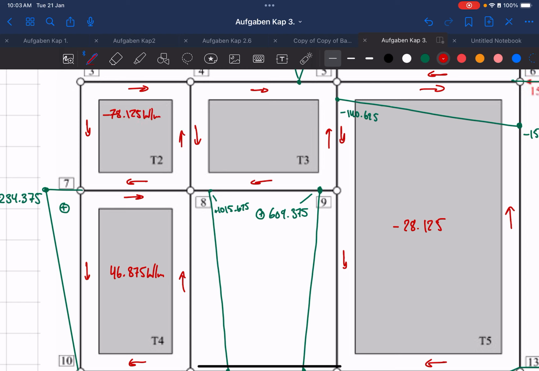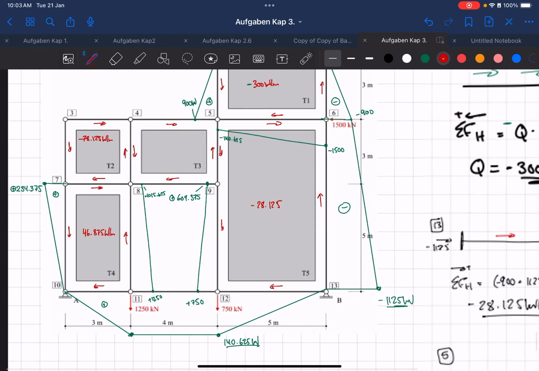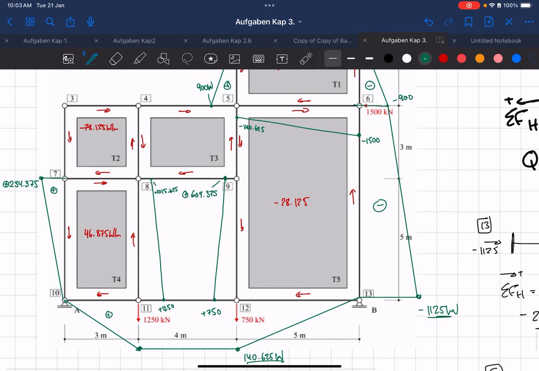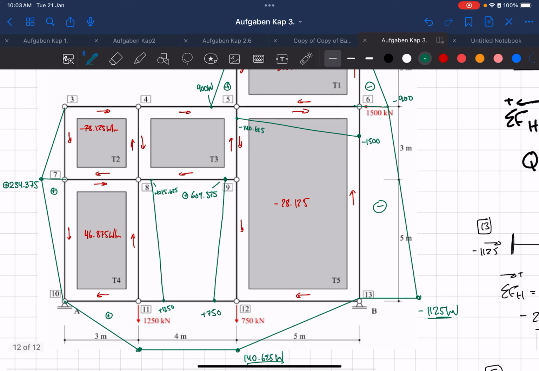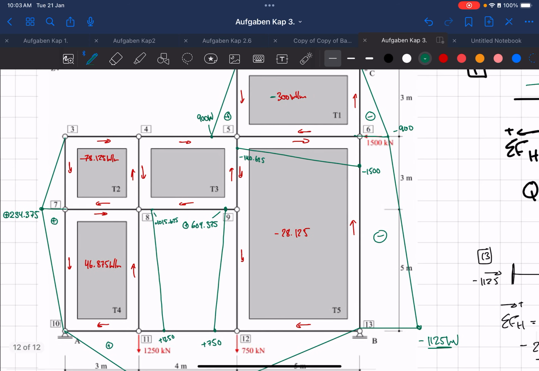So, and then this would connect to 0. And I have here, oh, should probably do it this way.